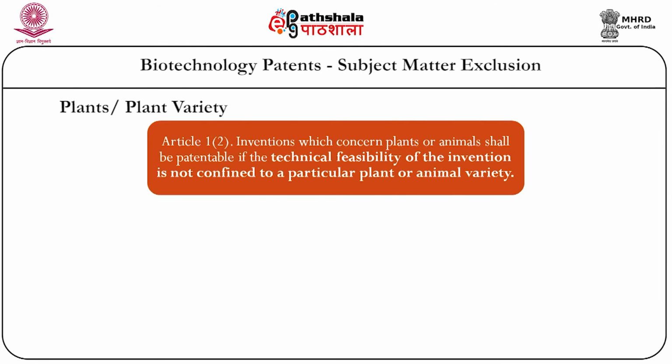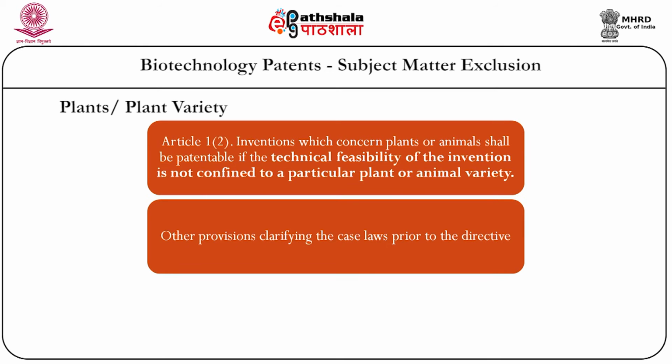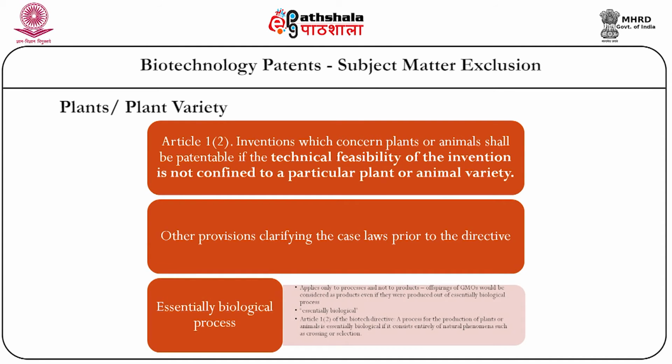Now, Article 4(2) also says that inventions which concern plants or animals shall be patentable if the technical feasibility of the invention is not confined to a particular plant or animal variety. So, there are other provisions that clarify the case laws prior to this directive, and that's the reason why the application was allowed.